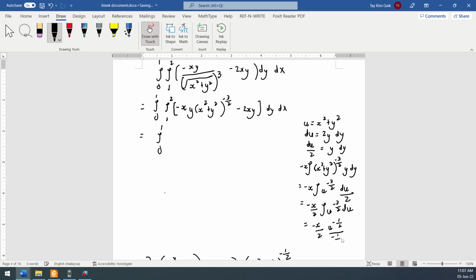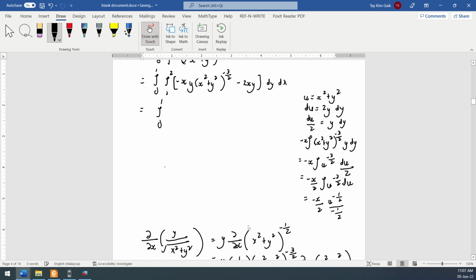Divide by the increased power, negative half. The 2 and the half cancel, the negatives cancel, and you get x. Replace back: u is x squared plus y squared to the power negative half. So the first term's result is x times (x squared plus y squared) to the power negative half.